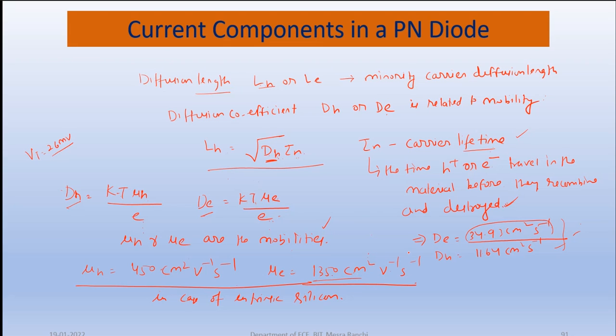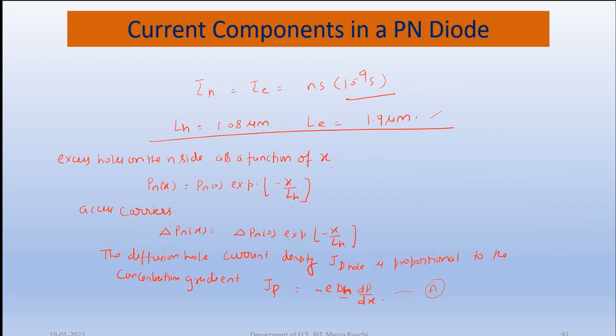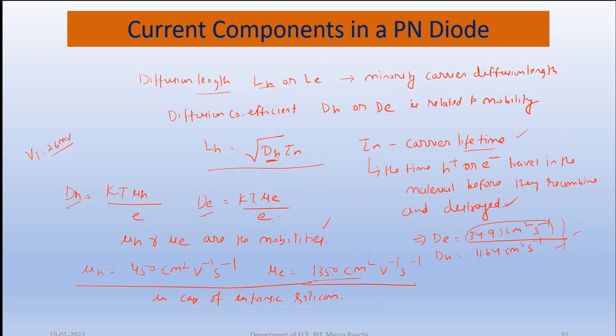So I just took an example and calculated this diffusion length, which comes out to be 1.08 micrometer, just by keeping it in this formula, right? kT upon E is a constant, right? It's Boltzmann's constant, the room temperature absolute temperature, and the charge on the electron.